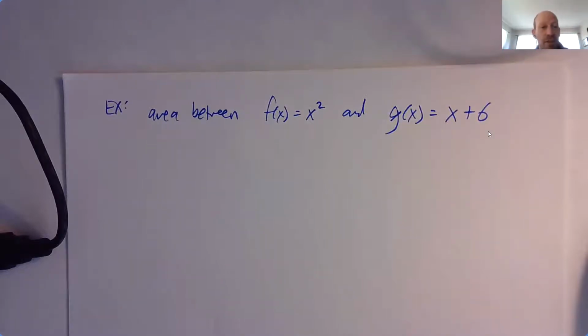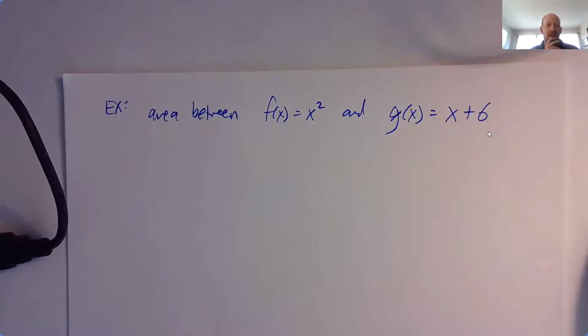When we're dealing with these problems, we do need some kind of graph of the situation. We don't need a precise graph, but I need a rough idea because I really need to see how the functions are interacting so that I'm sure that I'm adding up the right things.